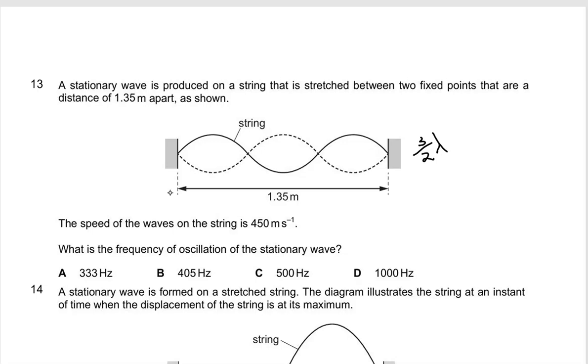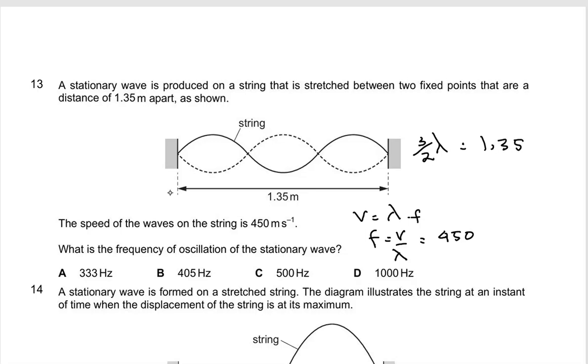What's the frequency? Recall again, v equals lambda times f, where f equals v divided by lambda. So v here is 450, and the lambda here: one and a half wavelengths are created on the 1.35 length.